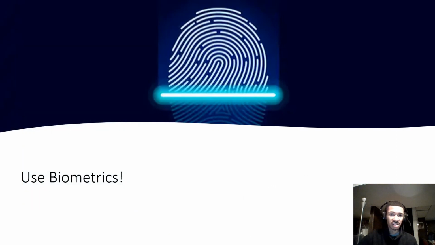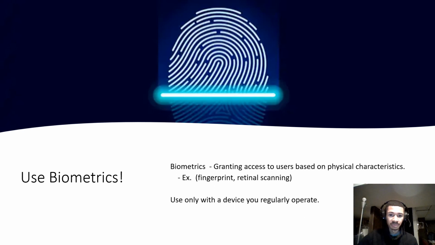So the other useful thing to include is biometrics. So biometrics are fingerprints. We know what biometrics are. They grant users access based on physical characteristics. Now these can range from fingerprint to retinal scanning, which is basically scanning your eyes, or things of that nature, to make sure that you're even more safe than you already are.